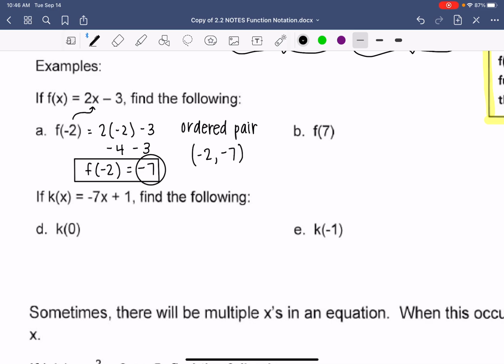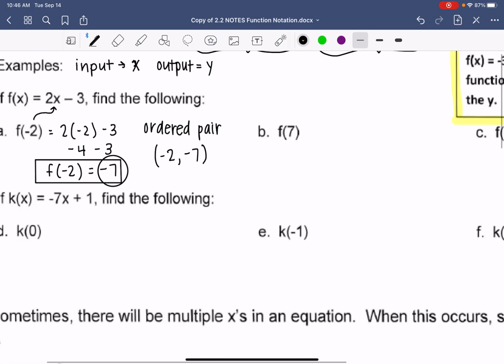Your input, we talked about this on our last notes, your input is always x, so what we plug in. Your output is always your y, so what we get out of what we plug in is our output, it's y. So that's why -7 is our y coordinate.